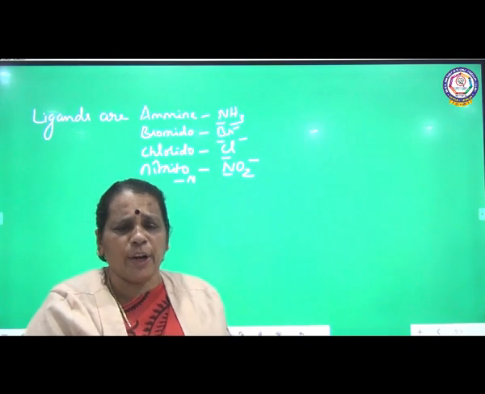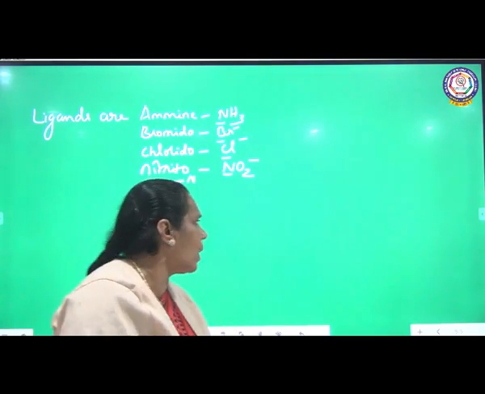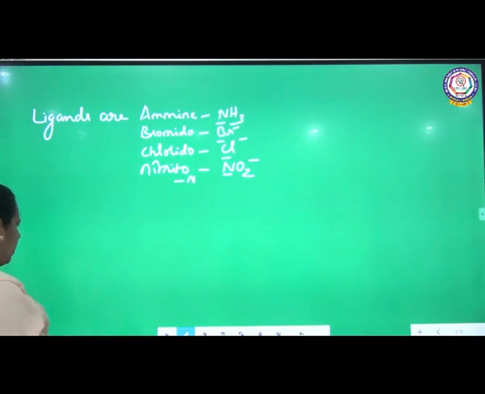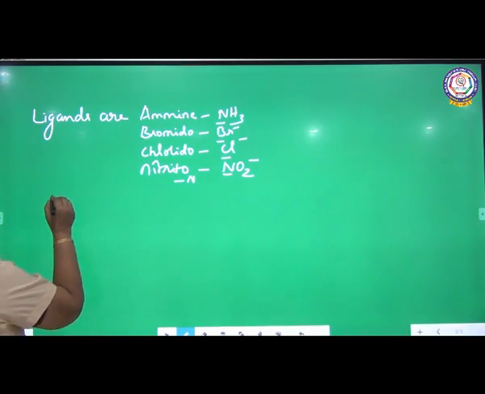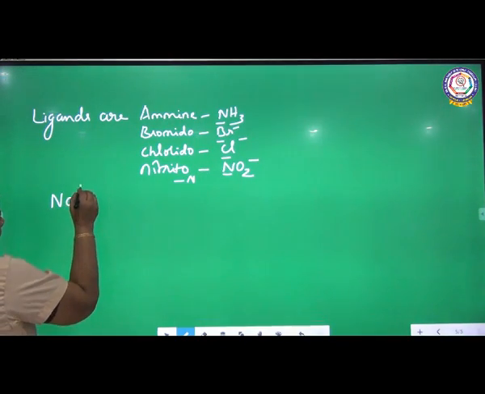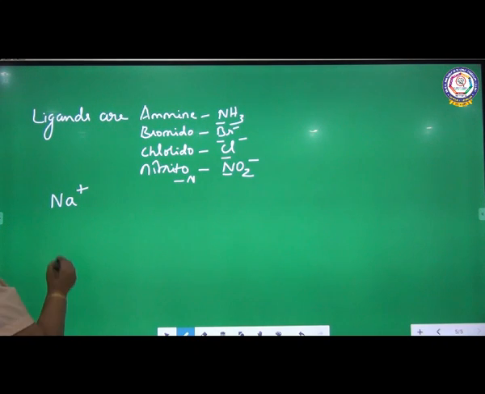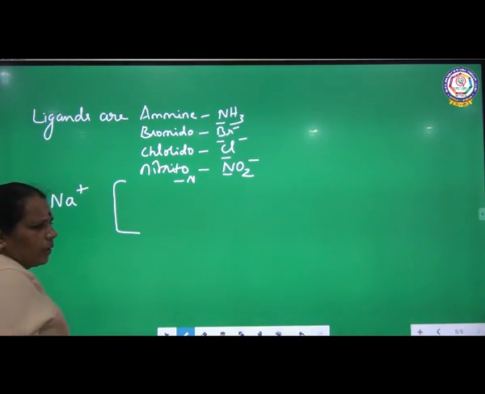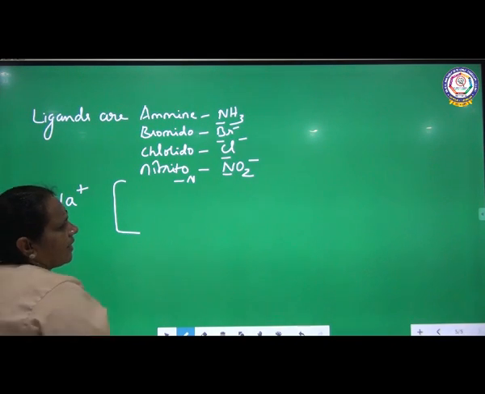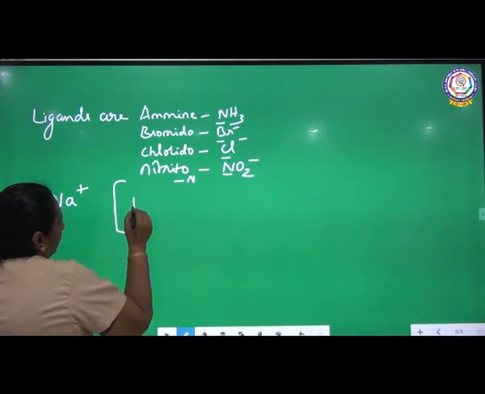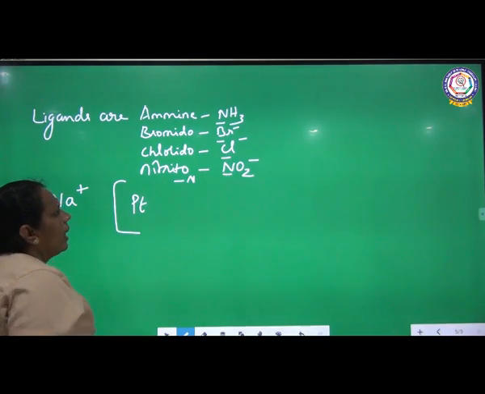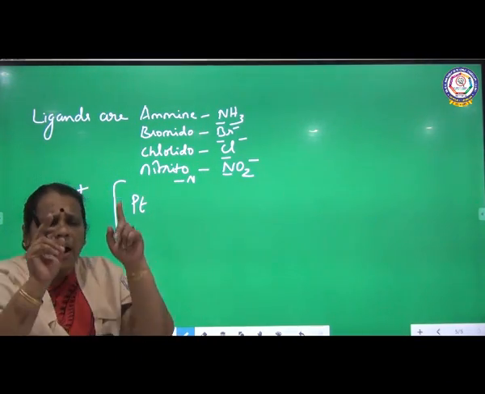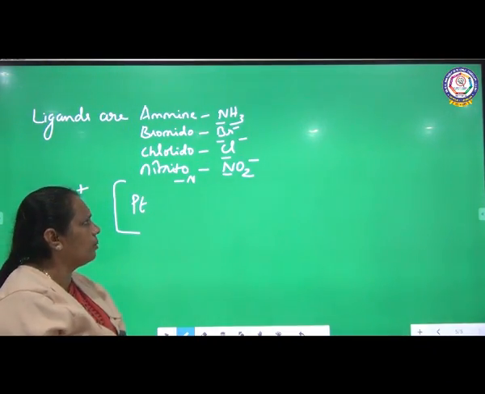And then we are going to find out the charge of the complex also. Already I told you, sodium is the counter ion here with positive charge. In the coordination sphere, we have to start with the square bracket. What is the central metal ion here? Platinum. I have already arranged the ligands in alphabetical order according to the first letter of the formula.